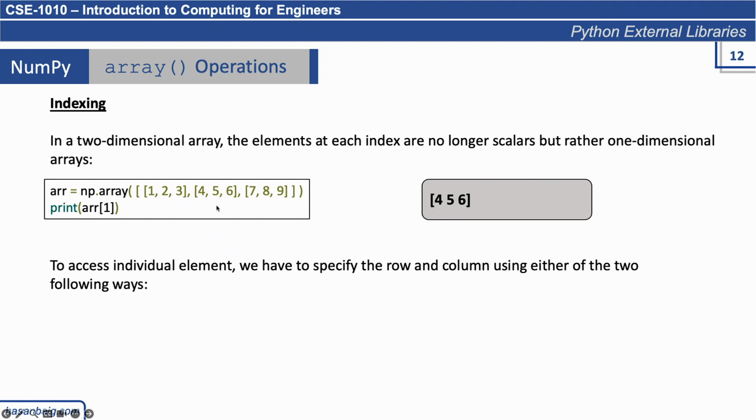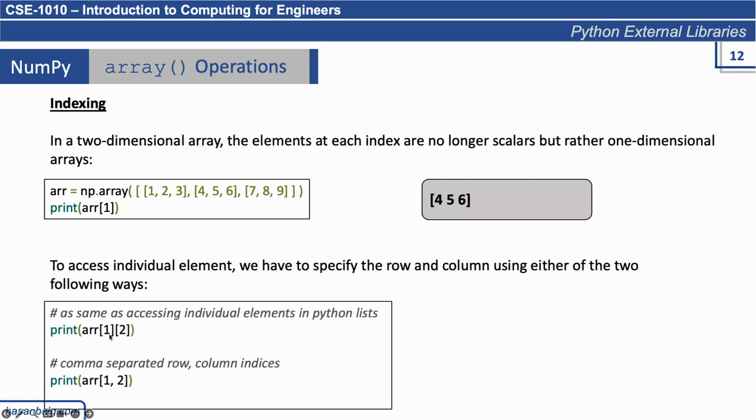Array 1 would be accessing this row, and to access any element within this one, you could simply follow the same procedure as list. You specify the index of that element. So here print array 1, access this first row, and accessing the second element you just specify 2. Okay, there is one way.